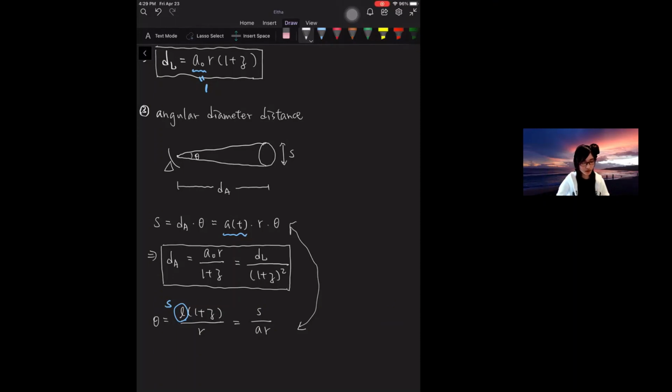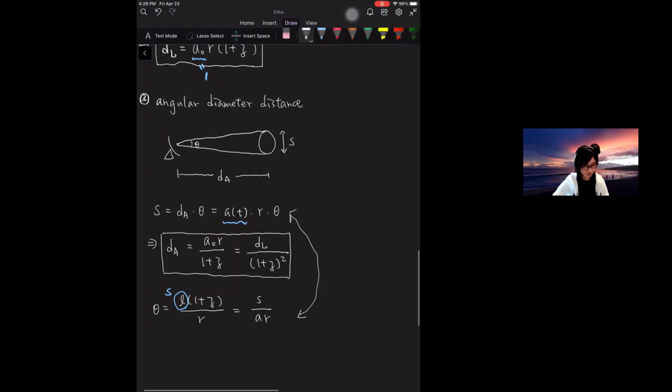That means if we have two objects with the same size, it could appear larger beyond a certain redshift. So it's not that the object just looks smaller when it is further away, but beyond a certain redshift, it actually looks larger. So that's the angular diameter distance. And in the homework problem, you'll also derive that certain redshift, which makes the object appear largest.